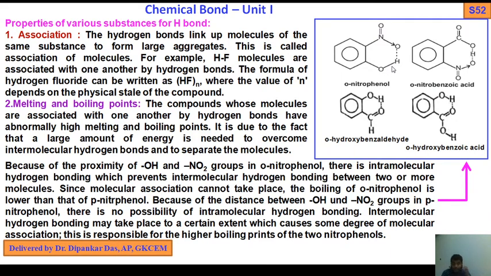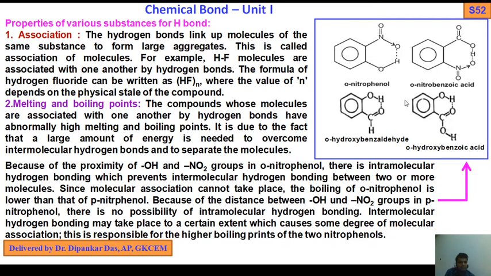Similarly, ortho-nitrobenzoic acid: the NO2 oxygen forms a hydrogen bond with the hydrogen attached to the oxygen of the acid OH. Similarly, ortho-hydroxybenzaldehyde, with OH and CHO: this H forms a hydrogen bond with the more electronegative oxygen atom. Ortho-hydroxybenzoic acid also forms intramolecular hydrogen bonding. So there is no association of molecules; you see there is a cyclization, a ring of 1, 2, 3, 4, 5, 6 members.